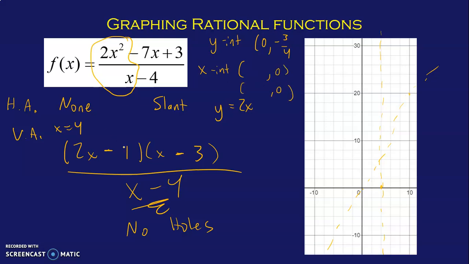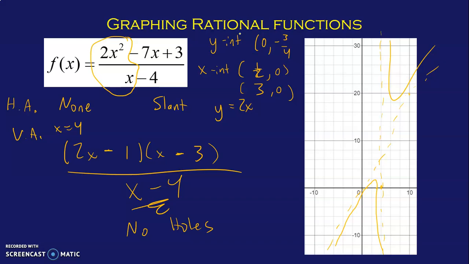Again, when the top of the fraction is 0, which would happen at 1/2 and at 3. So there's 1/2 and there's 3. So I have a pretty good idea that the function is going to look like this. And it does. Again, by hand, you need to be able to find the horizontal and vertical asymptotes and the intercepts.